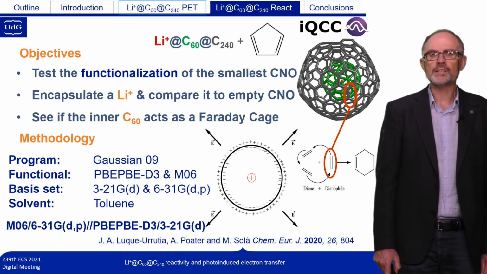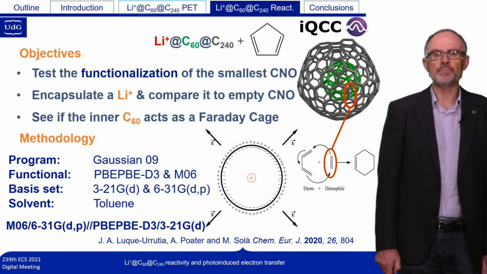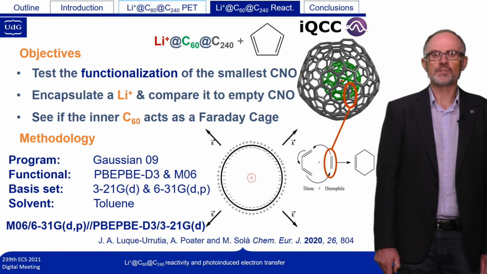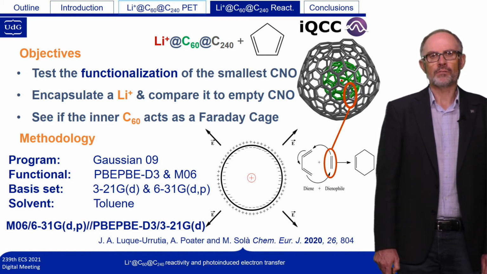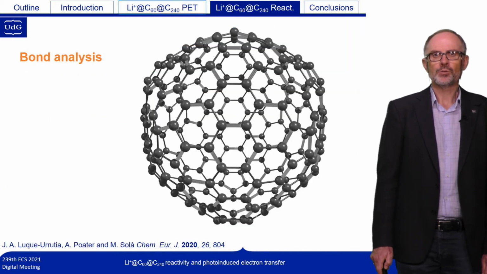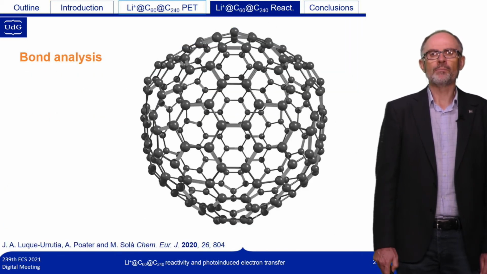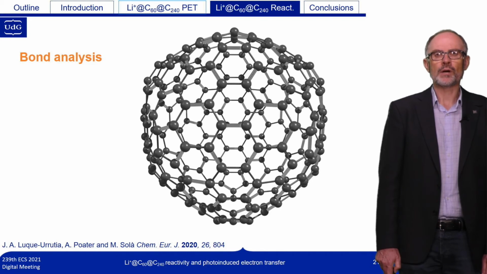The method used involves geometry optimizations at the PBE functional with dispersion corrections included and single point energy calculations with the M06 functional. So first we have to look at how many different bonds we have in C240.